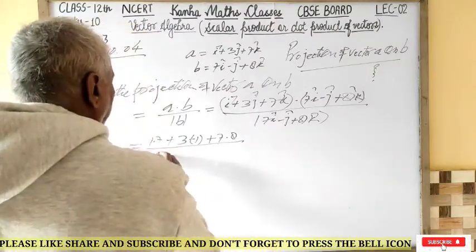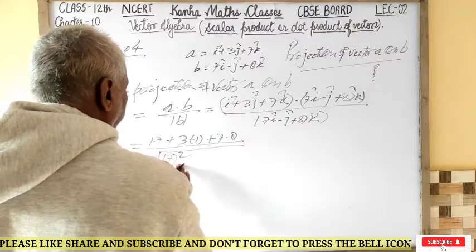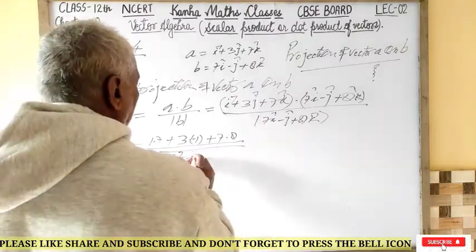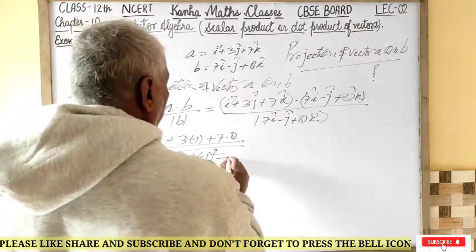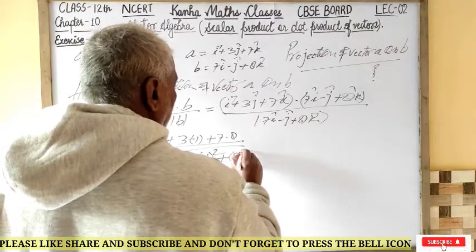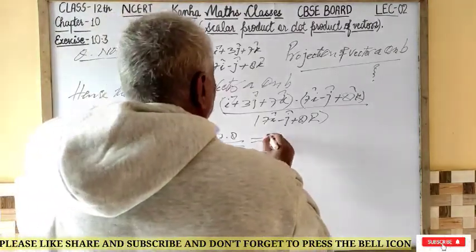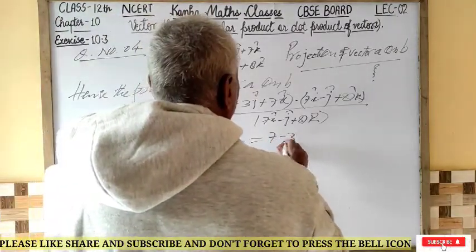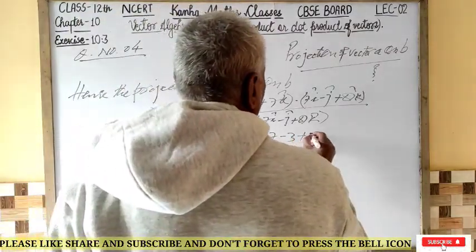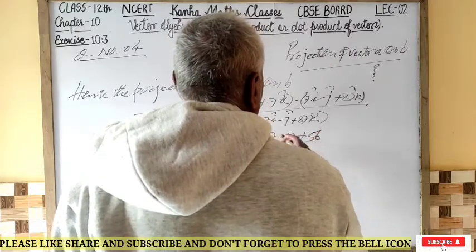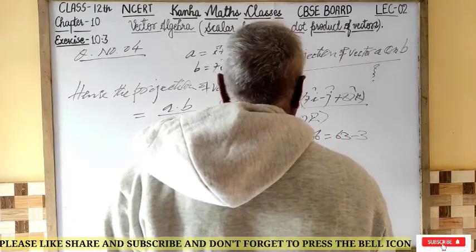And the mod of this vector will be equal to under root 7 square plus minus 1 square plus 8 square. Here 1 into 7 means 7, minus 3, plus 7 into 8 is 56. 56 plus 7 is 63, minus 3.